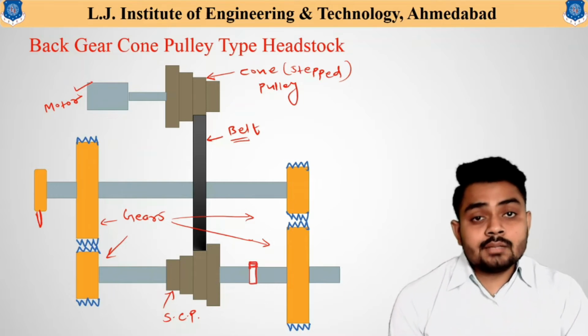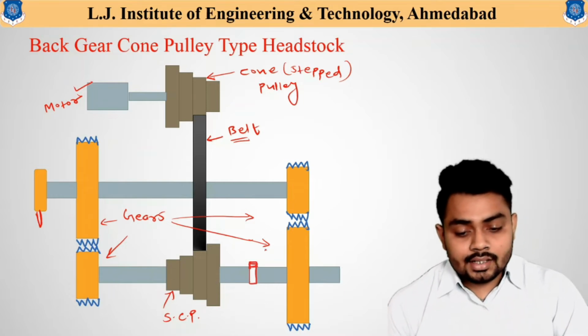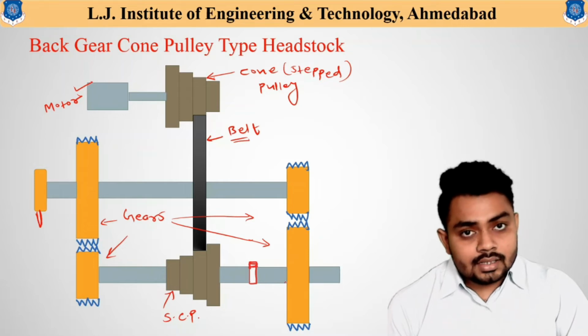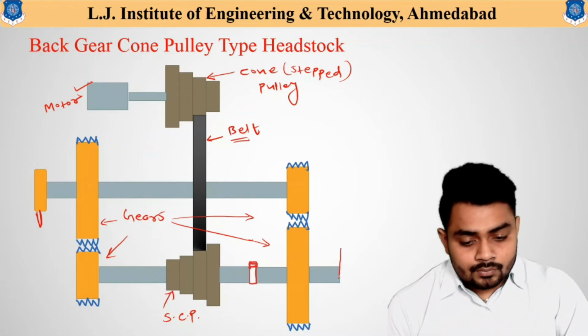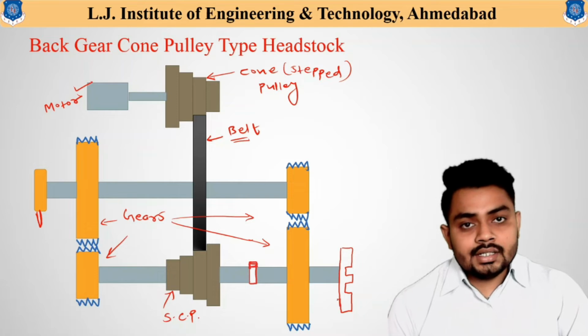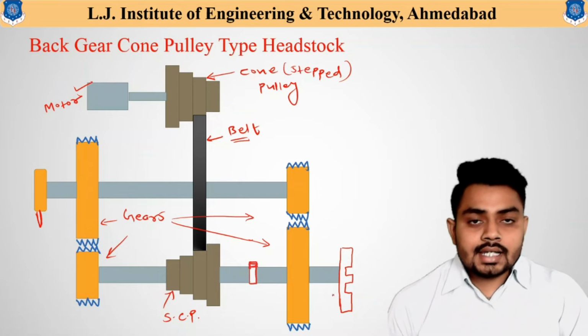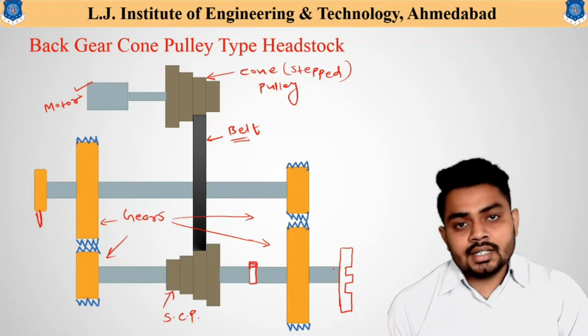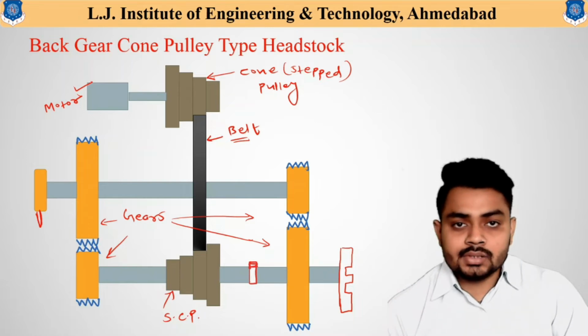These are the major parts available in the system, and with this end gear the spindle is attached, and with this spindle at the end the workpiece is attached and the power is transmitted using this arrangement.